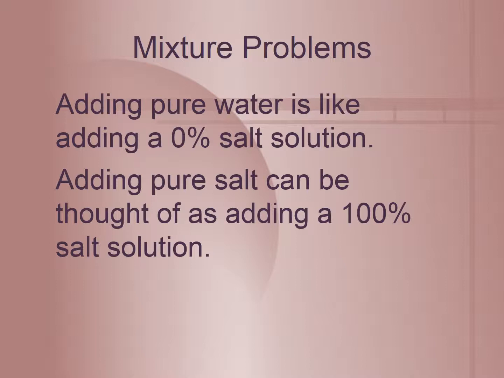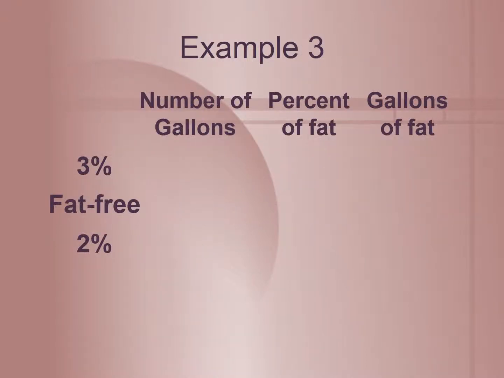And if you're adding pure salt, that would be 100% salt, right? So pure is either going to be 100% or it's going to be 0%, depending on what pure thing you're adding. So if you're adding pure salt, that's 100% salt. If you're adding pure water, that's 0% salt, because of the word pure. So let's look at an example.